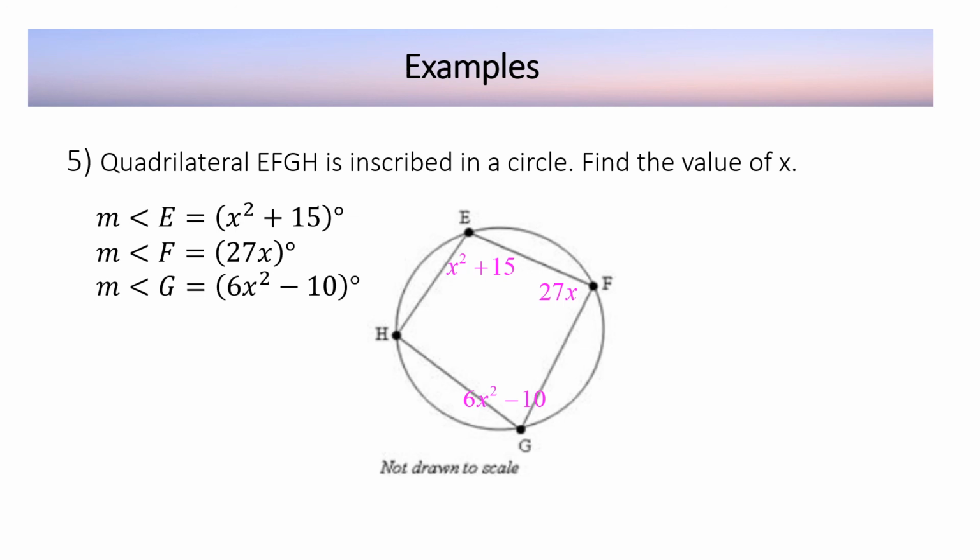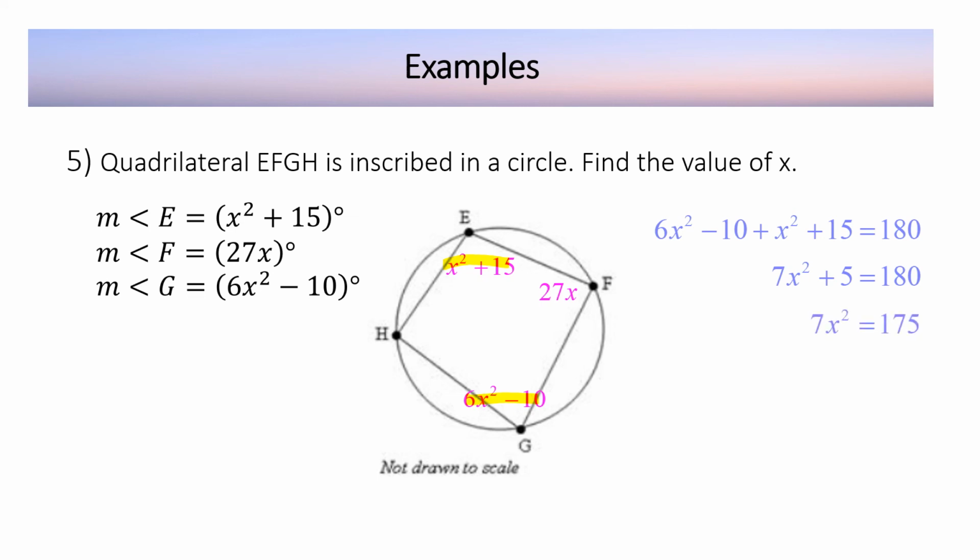Angle E and angle G must be supplementary. So we'll set up an equation. We don't even need the measure of angle F. 6x squared minus 10 plus x squared plus 15 would equal 180 degrees. Combine like terms.